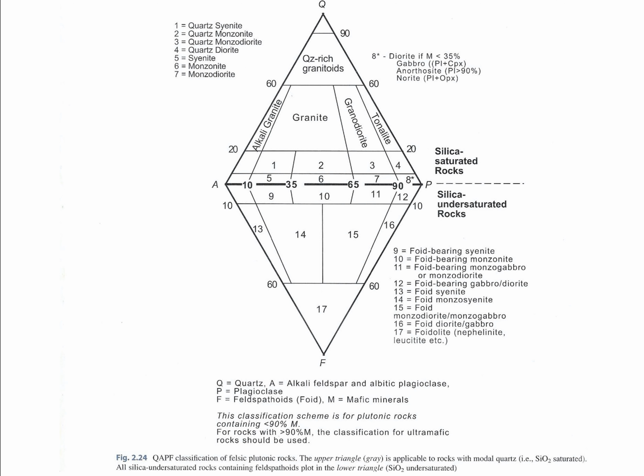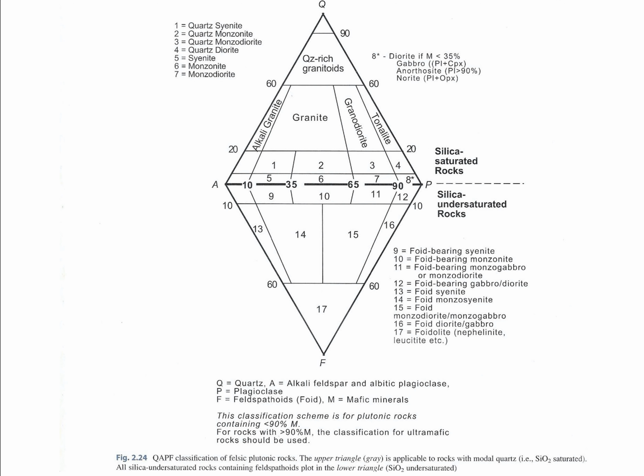Going now to the line below, number 5 we have a syenite, with only a little bit of quartz in the system because we are coming very close to the borderline to the silica undersaturated rocks, and from here to here the quartz concentration increases. Then we have number 6 the monzonite, number 7 the monzodiorite, and number 8 the diorite.